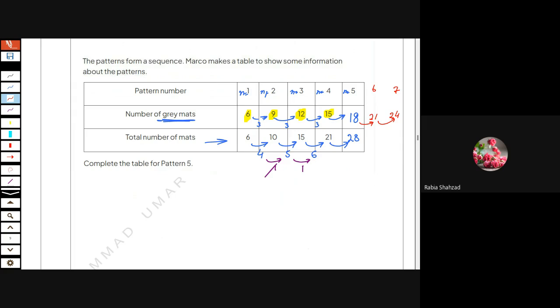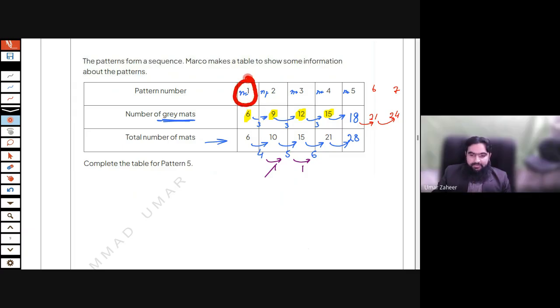Isn't n minus 1 the first term? Look here: it is the pattern number, or sequence number. It is not the value, it just tells you the place.